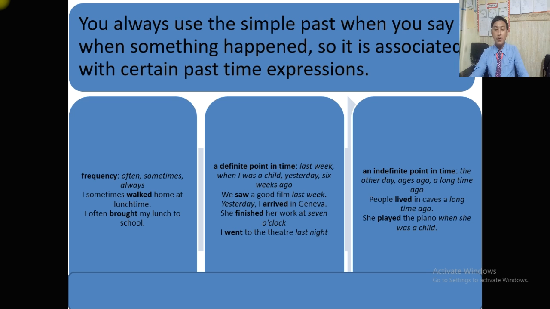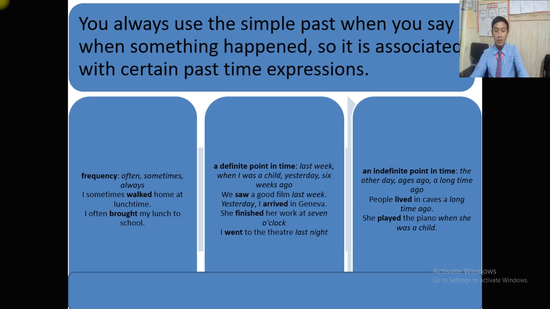If we use this definite point in time, it means that the speaker wants the listener to be clear about what or how many times we did in the past. Now you can see the example. We saw a good film last week.